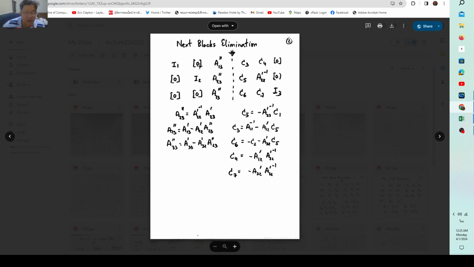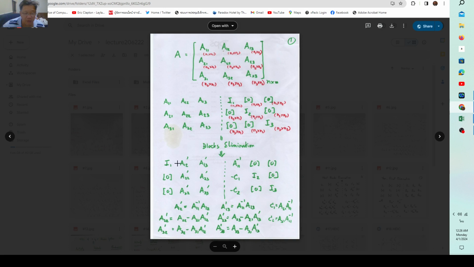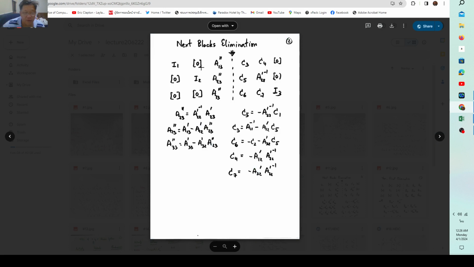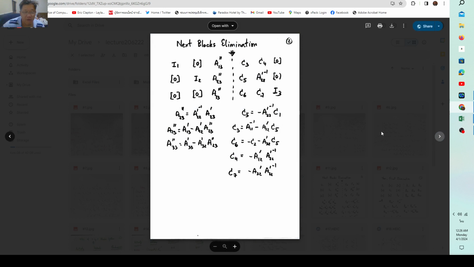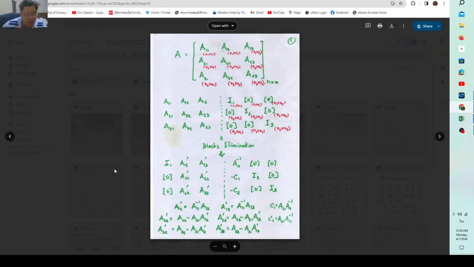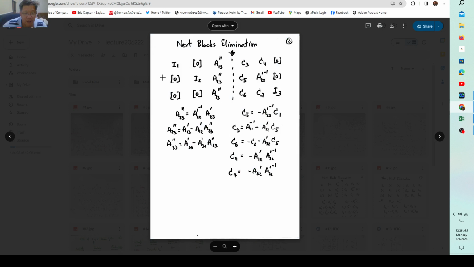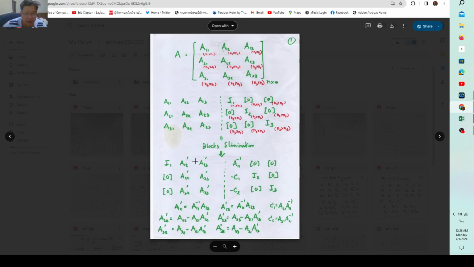The same thing, we can eliminate this element. The original value is A12 prime, so you can use A12 prime, multiply every element in this row, same location, and subtract it back to the original value over here, right? So A12 prime, when multiplied by 0, nothing. So the original value still keeps the I1, okay, over here. But for this one, you get A12 prime times I2 become A12 prime, and then subtract it from the original A12 prime.